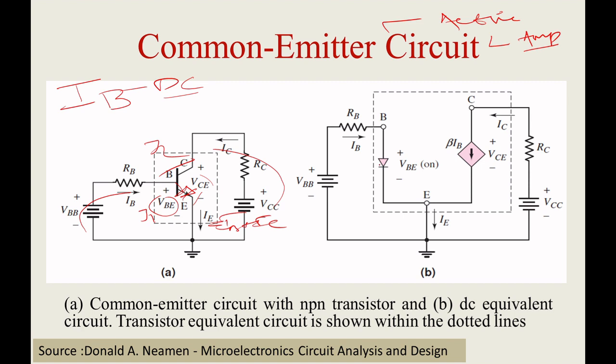That's it. When you go for IC, it is working in the active region, and it is amplified by beta times your IB current. You can see here beta times IB, and you should understand this is a dependent current: the output current is with respect to the input current, amplified by beta times. I am repeating again, IC in the active region is beta times IB.